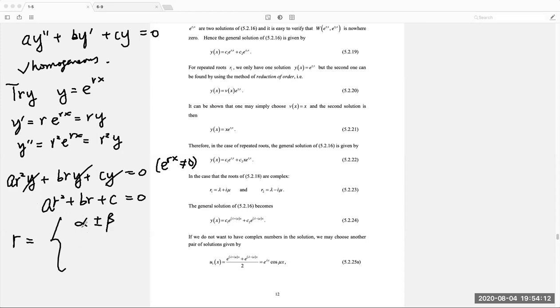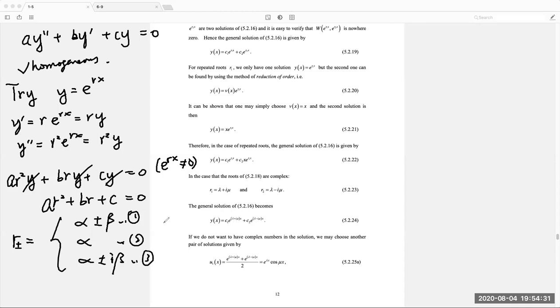And that means one solution is alpha plus beta, another solution is alpha minus beta. So for the first case, second case, and third case.